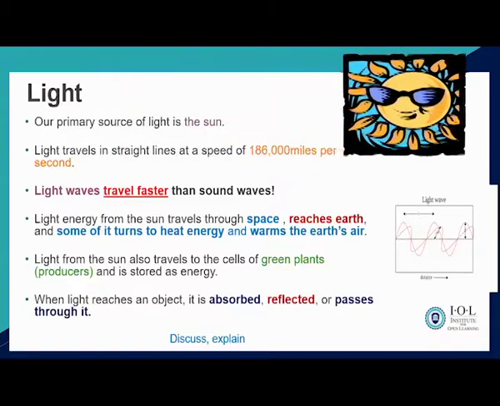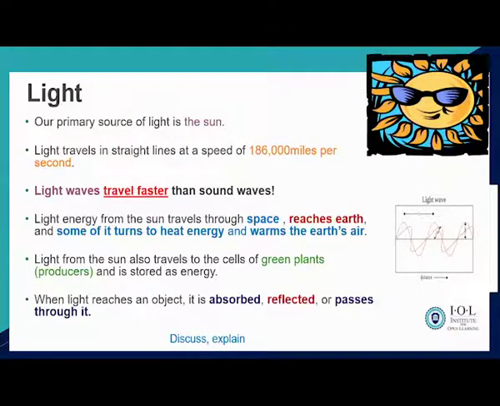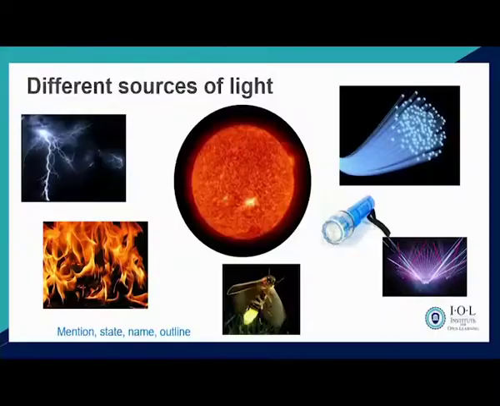The sun is our main source of light. It doesn't mean there are no other producers of light, so there are also some other different sources of light. We can also have light from some insects. As you know, some insects normally produce light, normally at night, and fire also provides light.